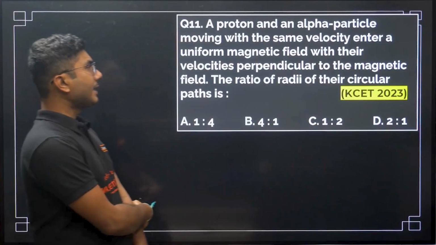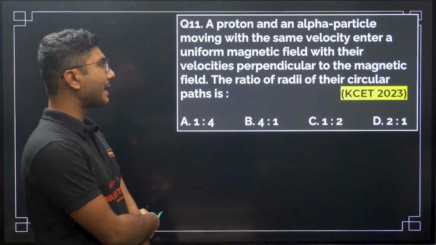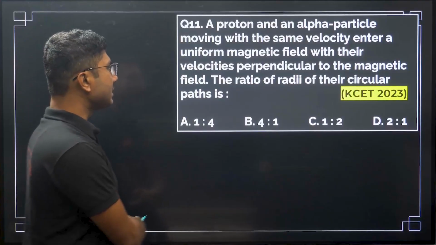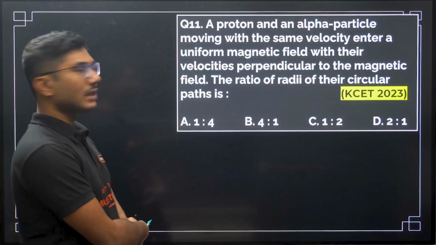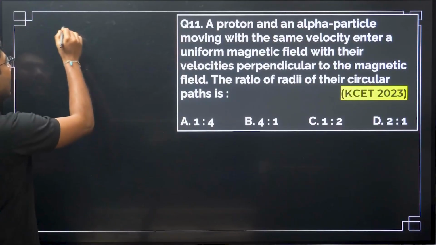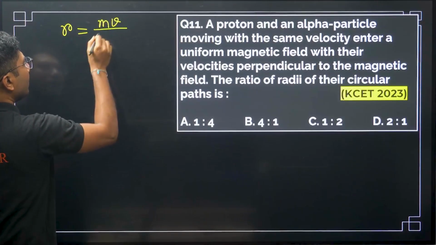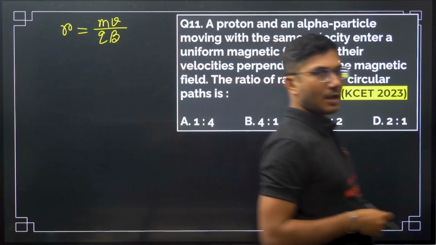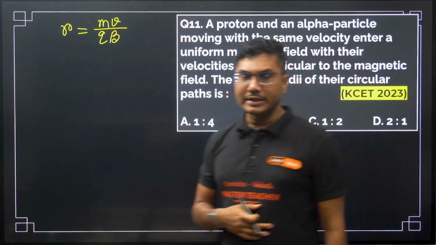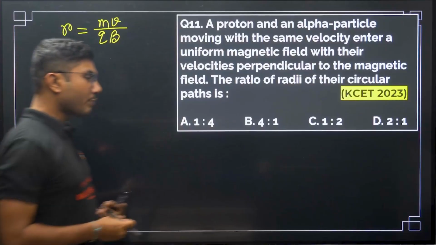A proton and an alpha particle moving with the same velocity enter a uniform magnetic field with their velocities perpendicular to the magnetic field. The ratio of radii of their circular path is. The radius formula is given by mv by qB. In this question, v and B are the same, only the mass and charge change.